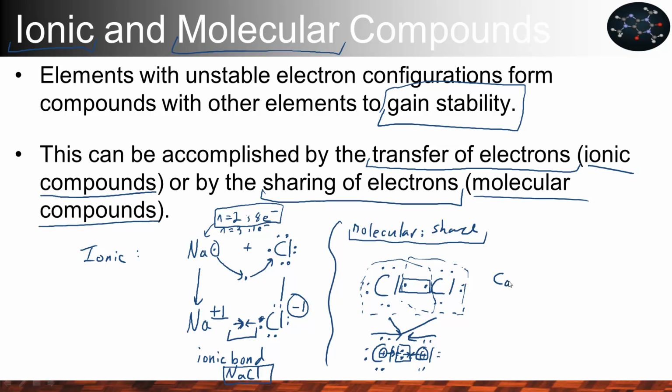This is referred to as a covalent bond. Why? Because it has valence orbitals, and those valence orbitals are shared cooperatively, so it's a covalent bond. We'll get into much more detailed explanations of how these bonds look and form a little bit later.